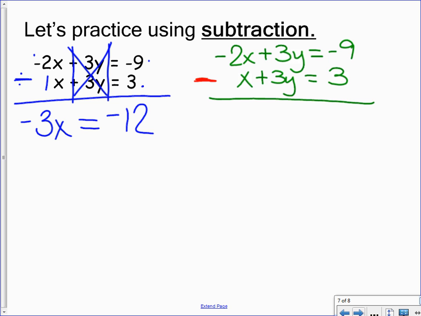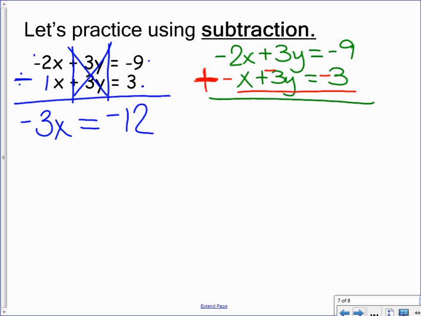Now, we know that subtraction is the same as adding the opposite. So I can change it to addition and make every term here its opposite.